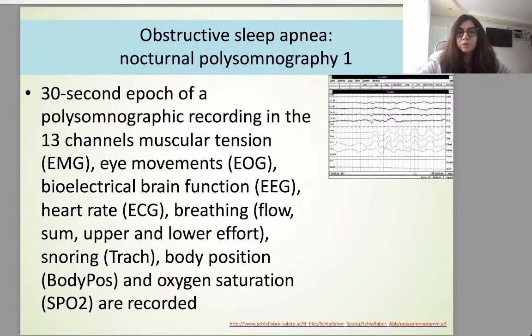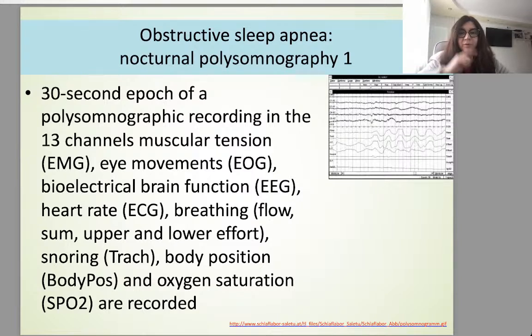Nocturnal polysomnography, its result and interpretation look like this in the picture. Here you see a 30-second epoch of the polysomnographic recording in 13 channels that include muscular tension, eye movements, bioelectrical brain functions, heart rate, breathing with flow, some upper and lower effort, snoring, body position, and oxygen saturation.